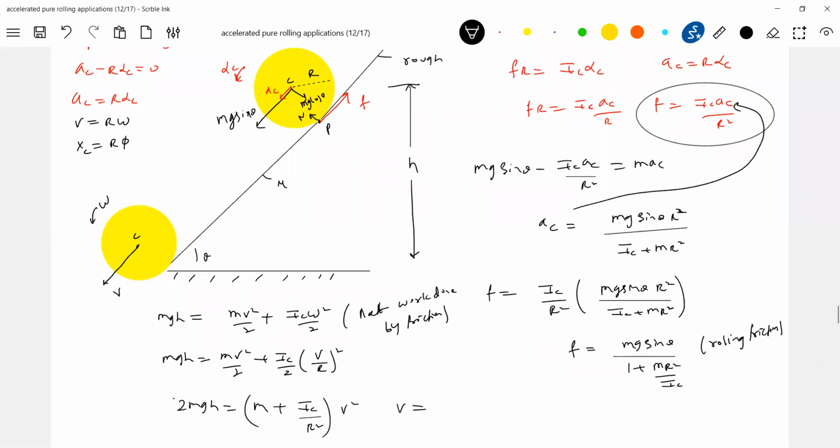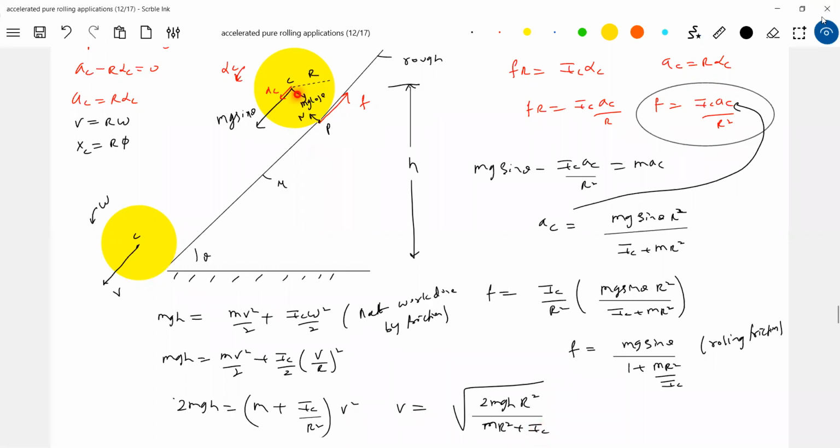So what is the expression for V? V will be the square root of 2 mgh R square by mR square plus IC. Will all the spheres have the same speed when they reach the bottom of the incline? No.